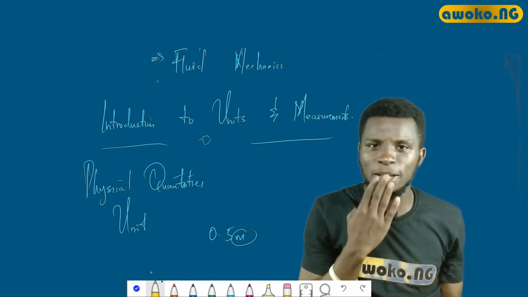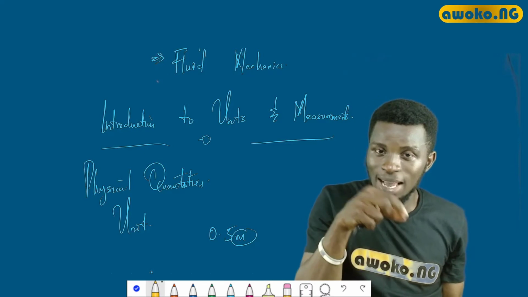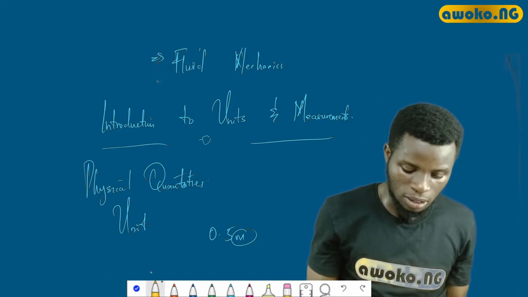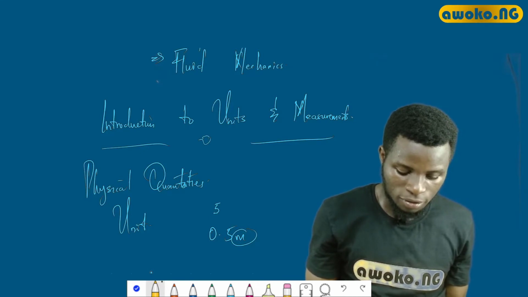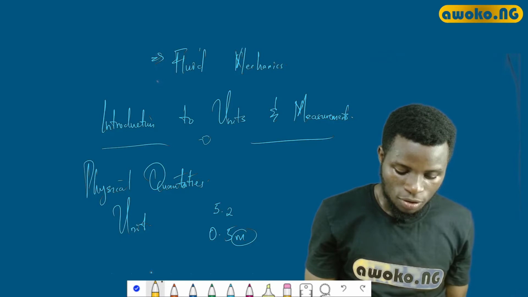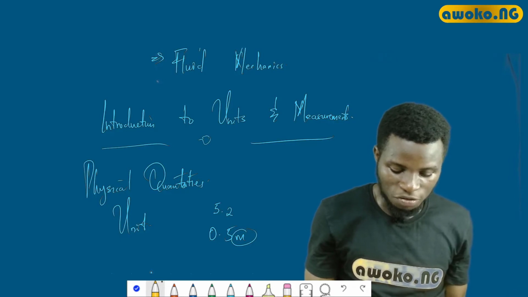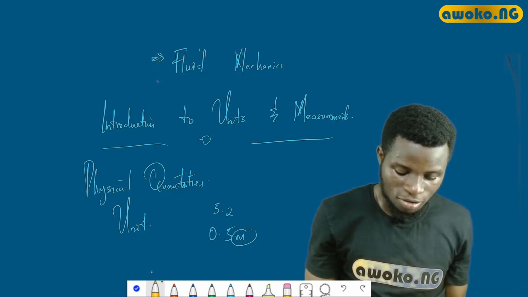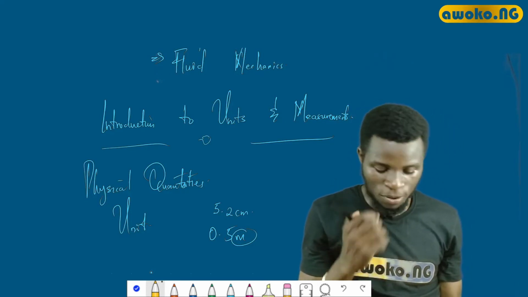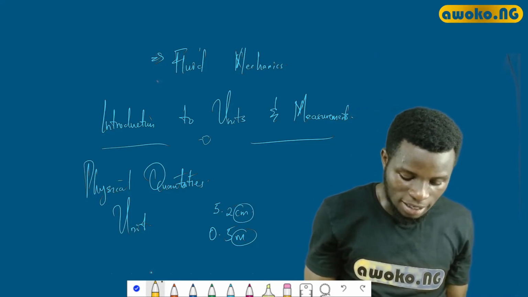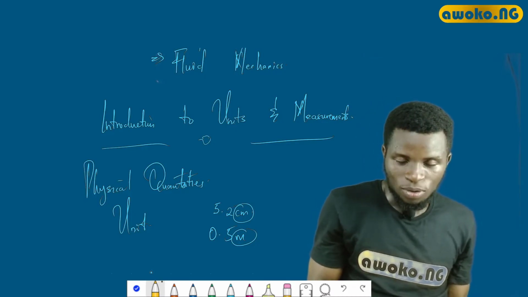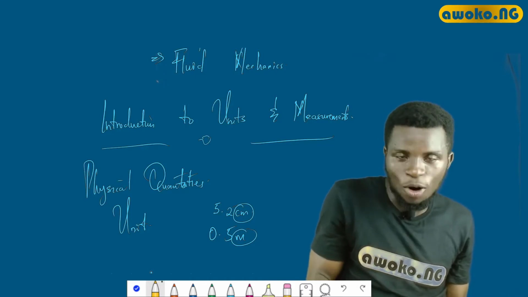So if I say that same phone, probably another person's phone, is, let's say, 5.2 centimeters, you realize that this unit differentiates my phone from the other phone.